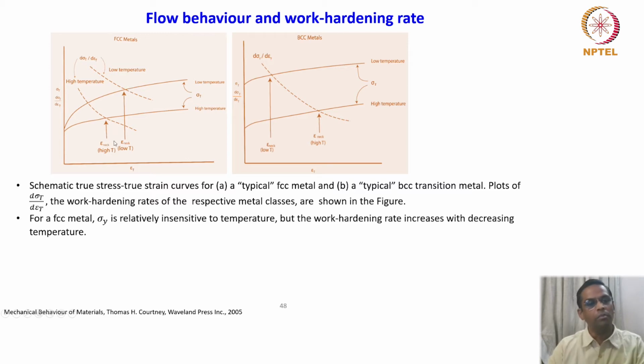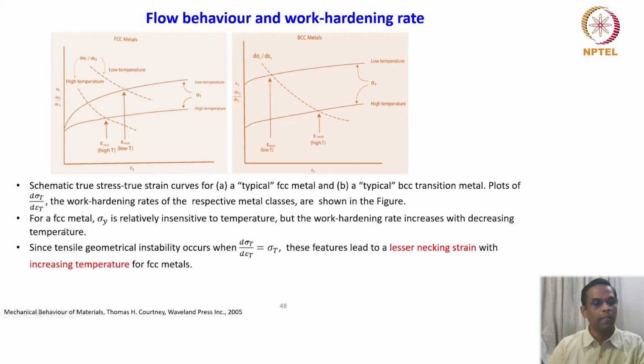Now we have to compare this epsilon neck, that is the point of instability, at these two junctures. It's quite interesting, right? Since the tensile geometrical instability occurs when d sigma t by d epsilon t is equal to sigma t, these features lead to a lesser necking strain with increasing temperature for FCC metals. Very important observation.